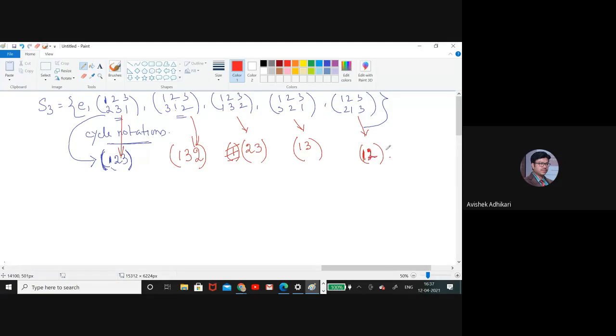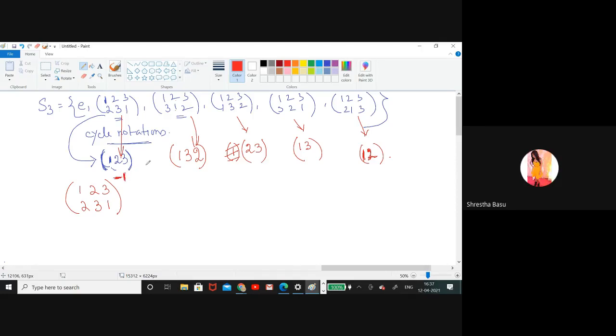Clear? Okay. Now tell me, what would be the inverse of this? 1, 2, 3, 2, 3, 1. What is the inverse of this?